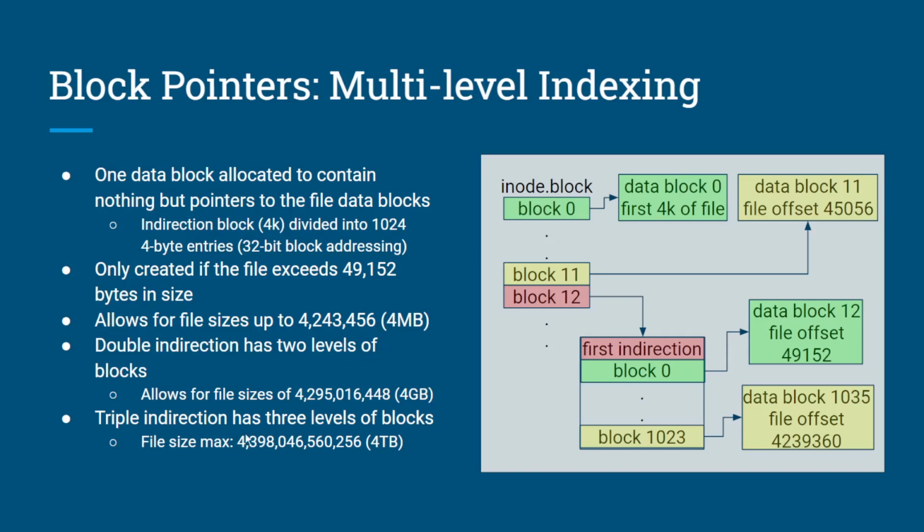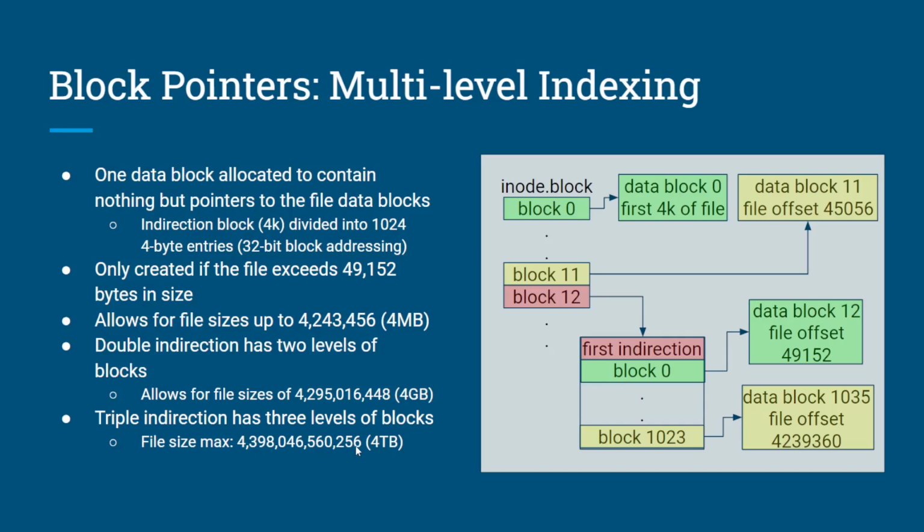Block number 14 will actually have 3 levels of indirection. First level will contain 1,000 entries. Each of the next levels will contain 1,000 entries, and then the third level will contain 1,000 entries each pointing to a data block, allowing for file sizes up to 4 terabytes.